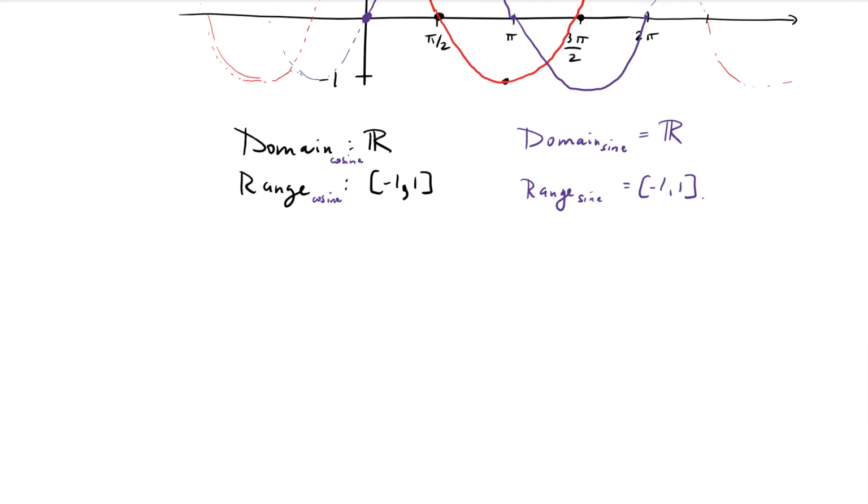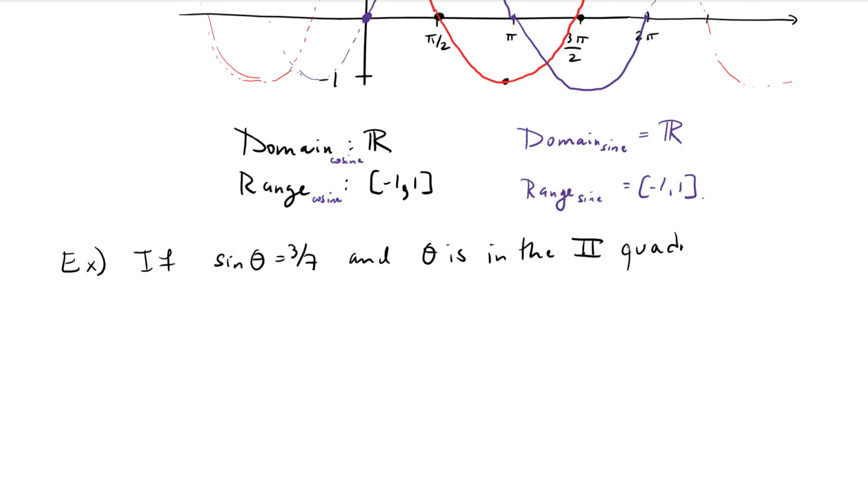So maybe let's quickly look at an example here. Let's say sine of theta is 3/7 and theta is in the second quadrant. Second quadrant, remember, first quadrant is kind of hard to explain here.